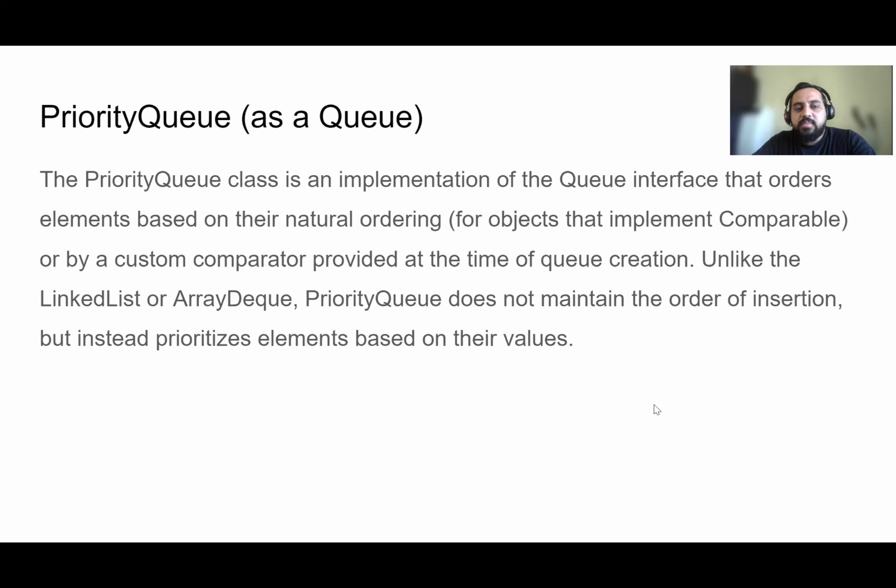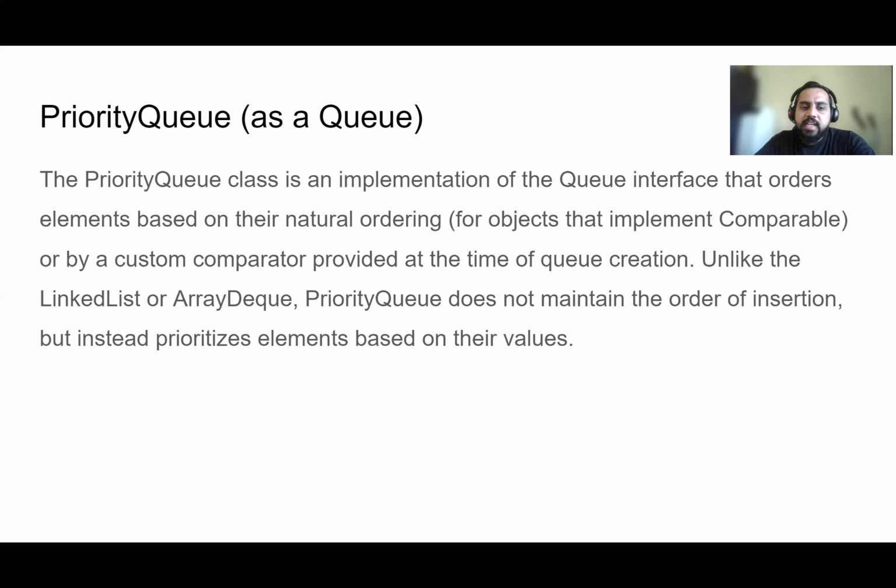Let's see another implementation called PriorityQueue, which is an implementation of the Queue interface. The PriorityQueue class orders elements based on their natural ordering. Natural ordering means ascending order, or any custom comparator if you pass one; it will sort the elements based on that. But we can't guarantee it will sort in one shot; it sorts at the time of retrieving.